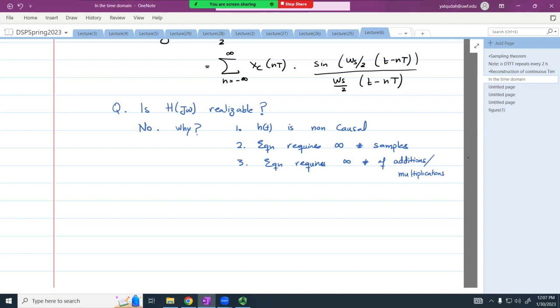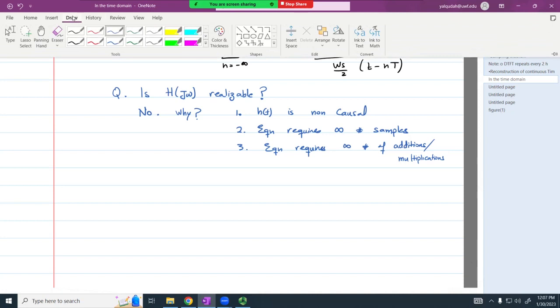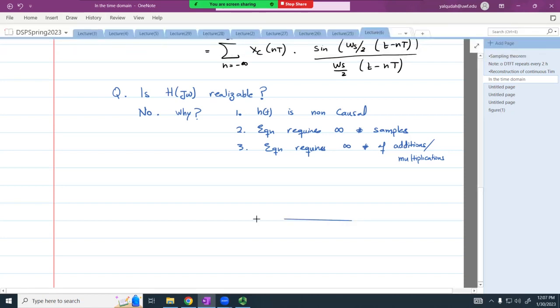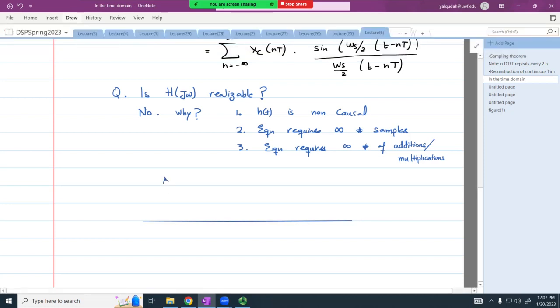Now let's see how this looks. How does this reconstruction look? So let's say that I have samples that look something like this.